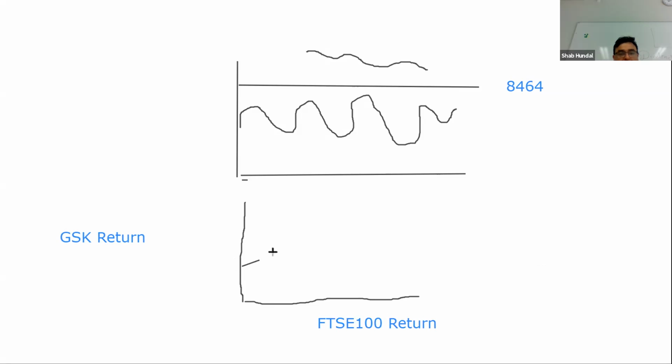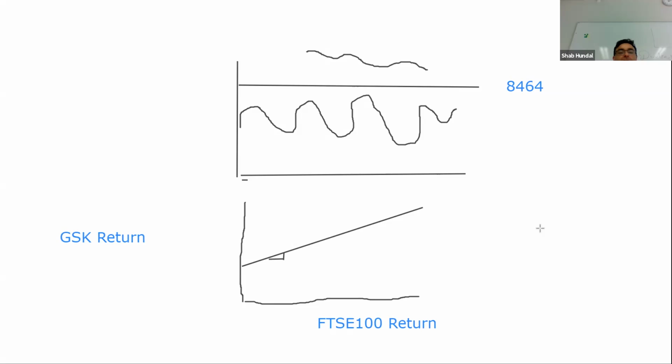The line is like this. Okay. So basically when we have 0.12, it shows that when there's a 1% increase in the whole market, the GSK return increased by 0.12%. Make sense? So that shows beta.